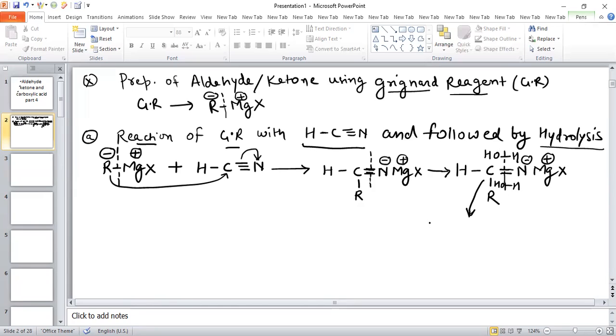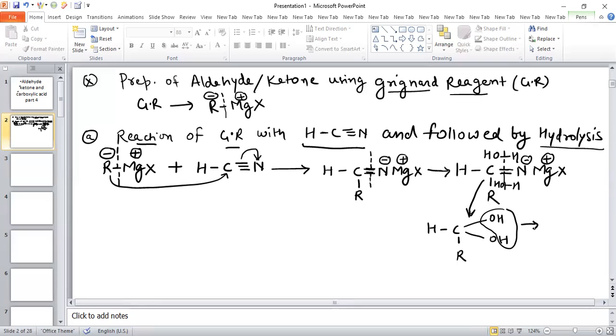You can see H, C, R, and on this carbon two OH groups are there. Two OH groups on the same carbon atom is unstable. So water is removed.